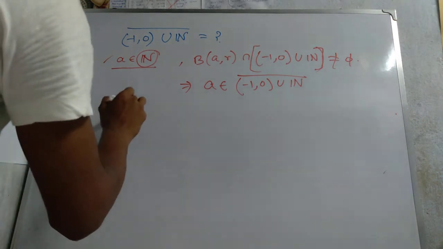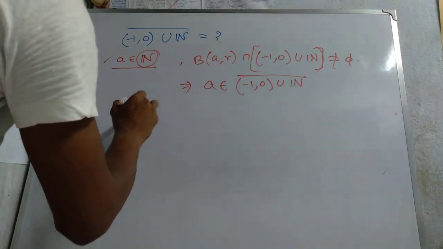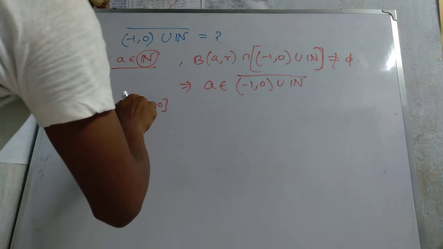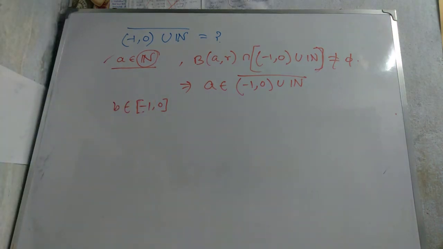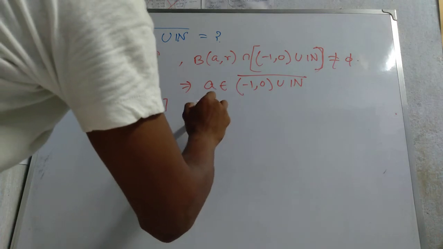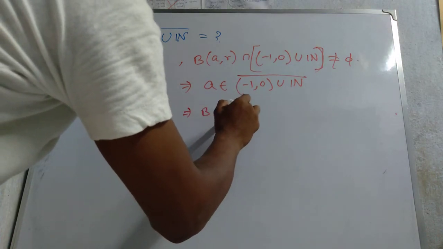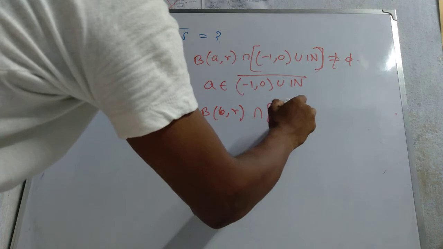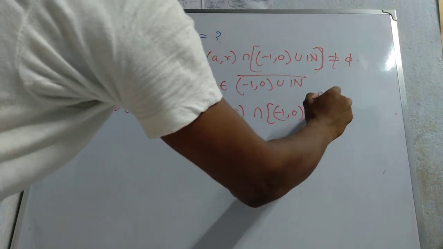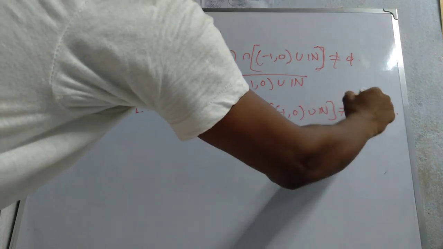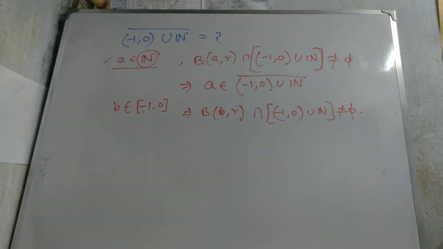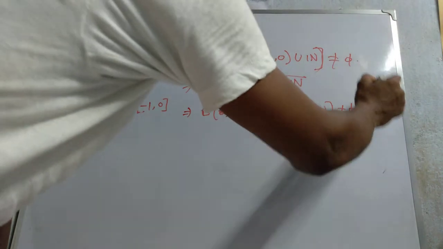Now we consider p belonging to the closure of (minus 1, 0). Then B(p, r) intersection this set is not equal to empty set, any point, if minus 1 then around minus 1, for r greater than 0.